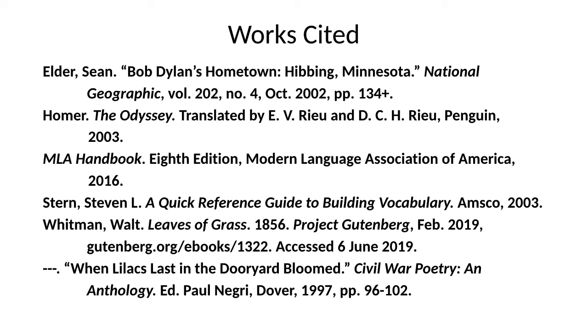You can see how that is done. Article in quotation marks, periodical italicized with the volume, the number, and the date. In this case, it's monthly, so October 2002, and the page numbers. You might recall that using the plus sign just tells that the pages are not sequential.